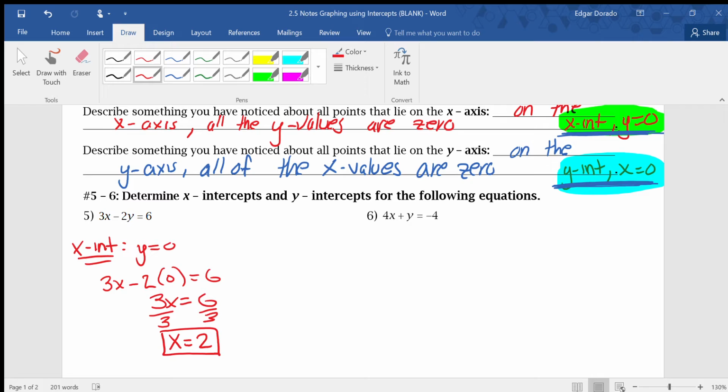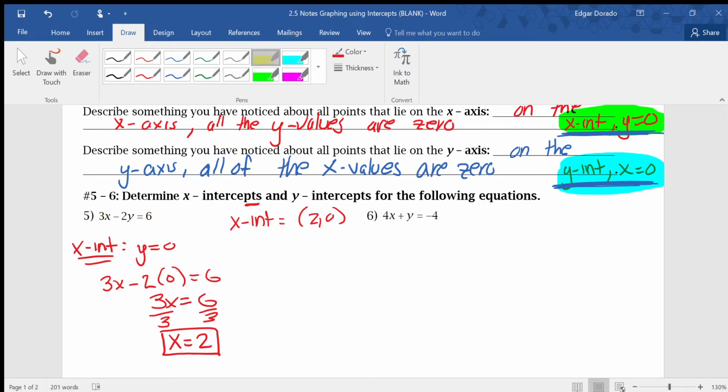Okay? Now, but they asked us for an intercept. Remember, an intercept is a point. This right here helps us remember that it's a point. Intercept, PTS. We need a point. We're looking for points here, and so our x-intercept is 2, 0.